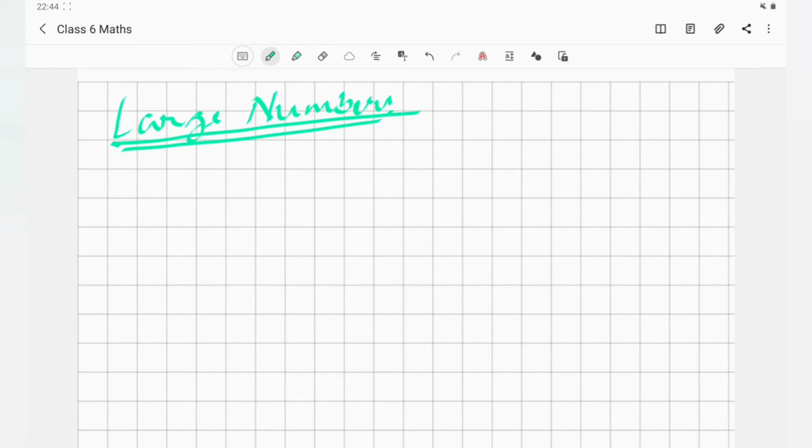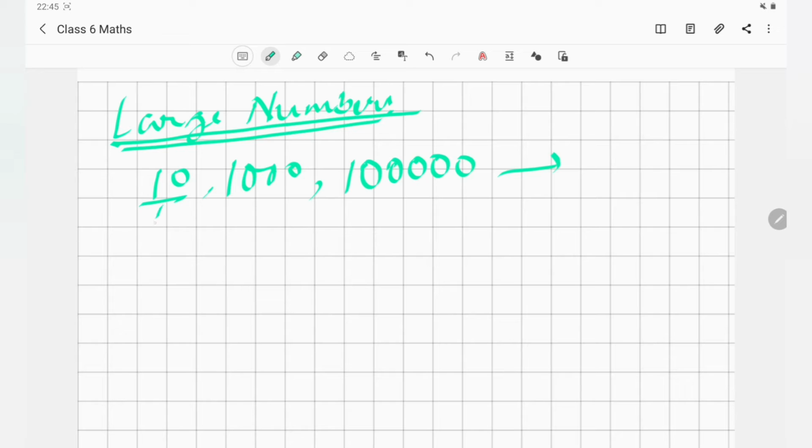For example, if you have to write 10, you'll write this. If you have to write 1000, you write 1, and after it you write 3 zeros. If you have to write a lakh, you write 1 and then 5 zeros, and so on and so forth. It goes on increasing.